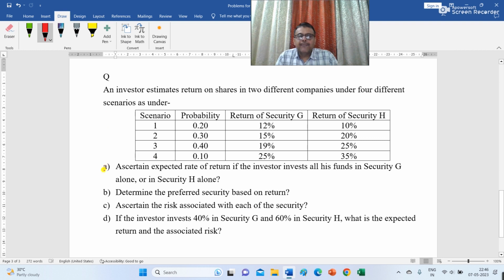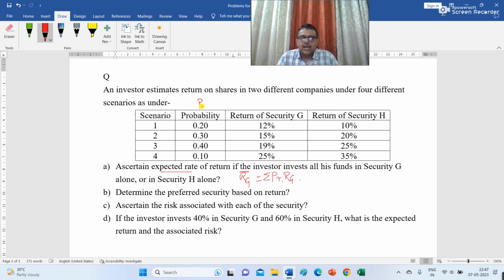In question A, we need to find out what is the expected rate of return if the entire amount is invested in security G. Expected return means the average return. That is return of G, average return, is equal to summation of probability and RG.